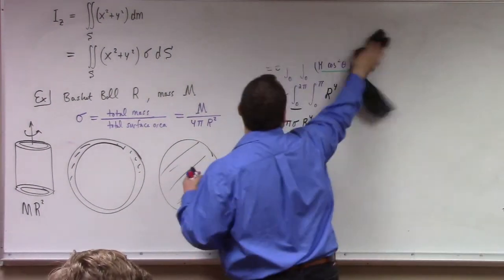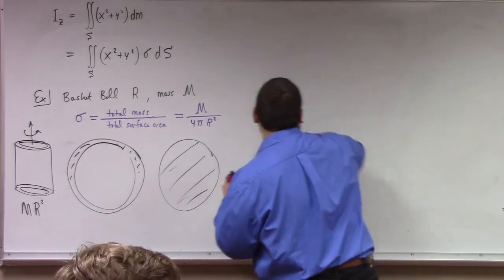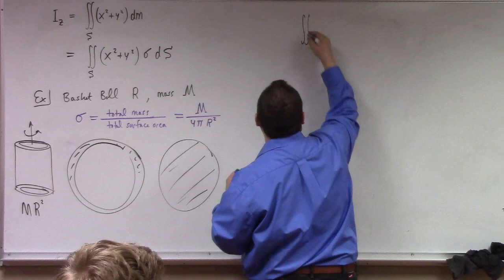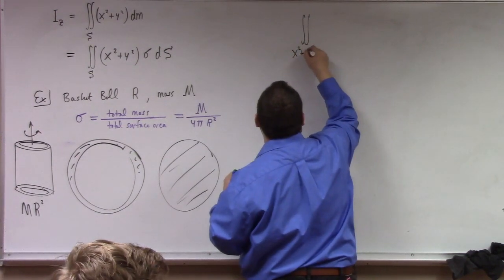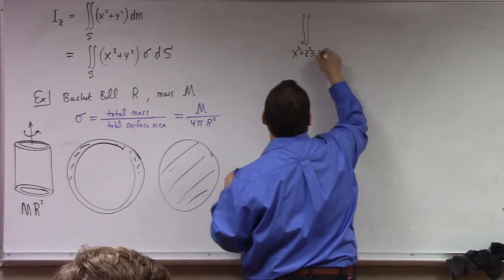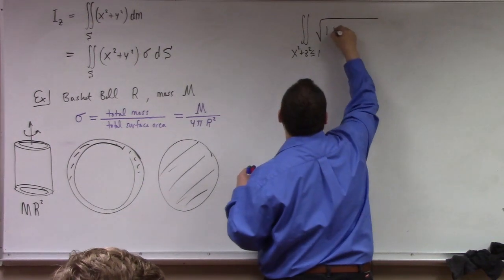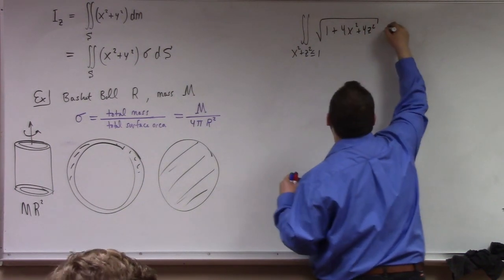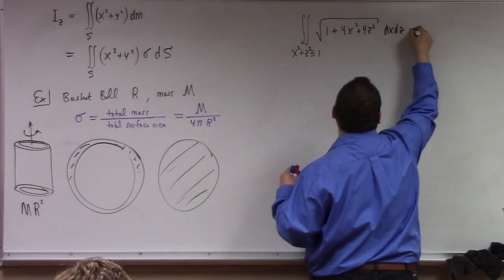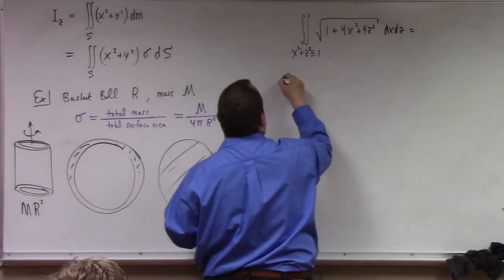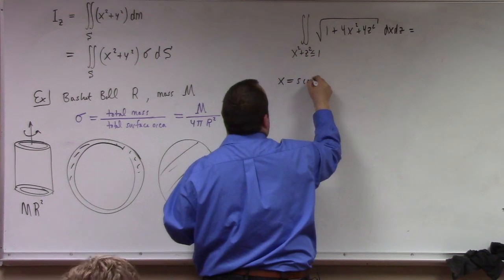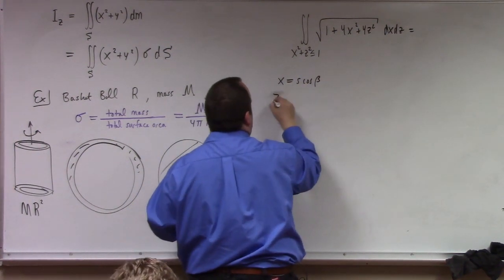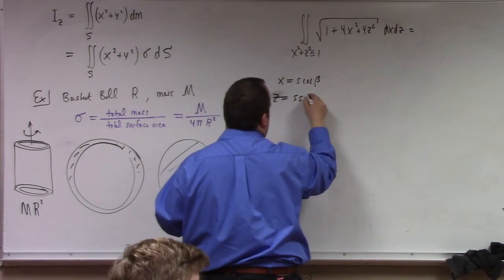S and beta. So trying to calculate the integral over x squared plus z squared less than or equal to 1, square root of 1 plus 4x squared plus 4z squared dx dz. My suggestion is we let x equal s cosine beta, and z equal s sine beta.